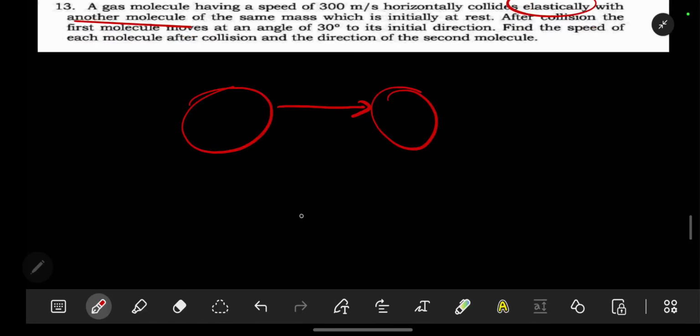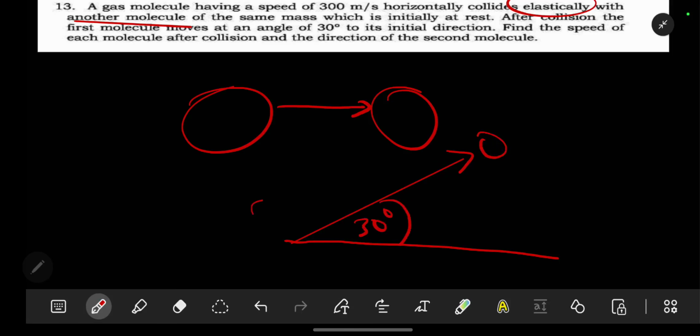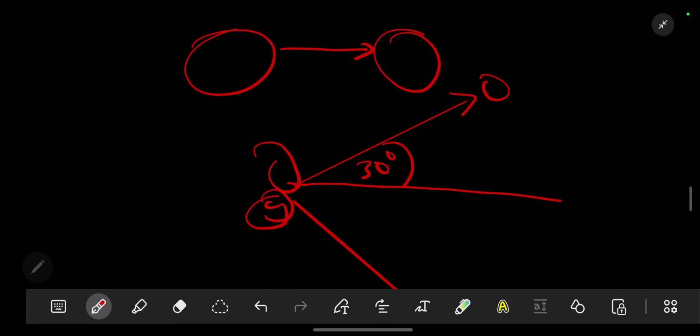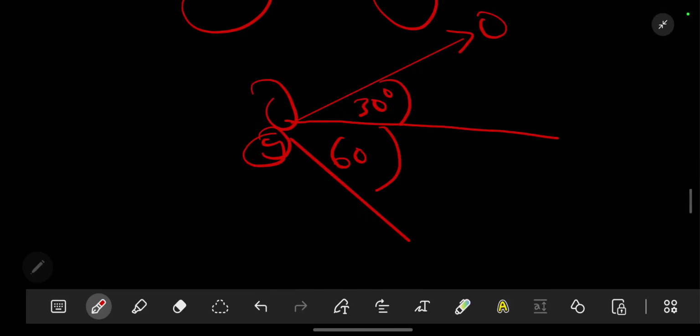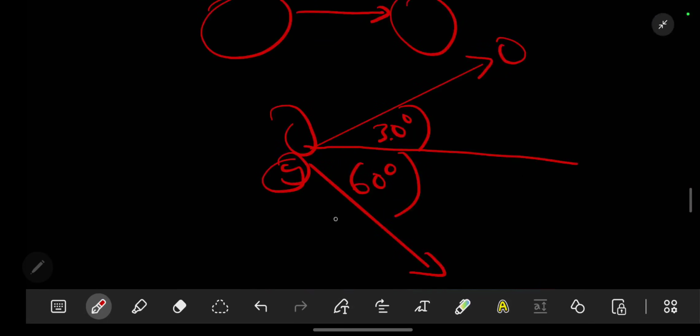So if one goes 30 degrees up there, then the second one should go at an angle of 60 degrees. That's the meaning. 30 plus 60 gives you 90 degrees. So since it's below, the angle for this one is negative 60 degrees. But for the diagram, we are not going to have the negative, but in our calculation, we are going to use it.